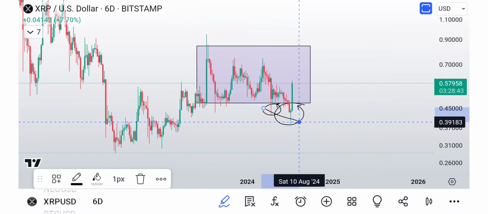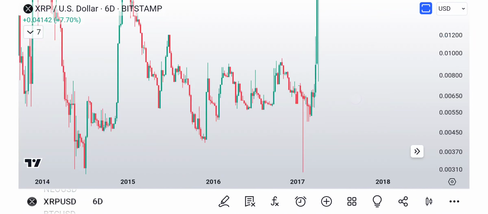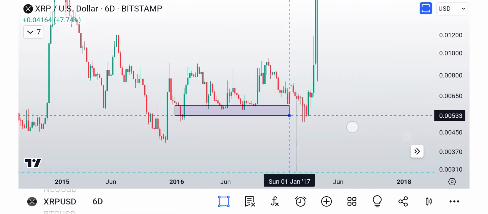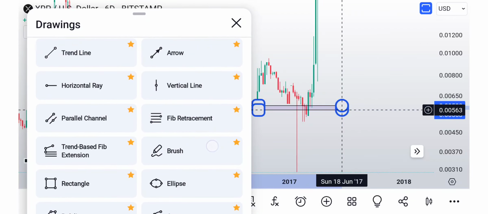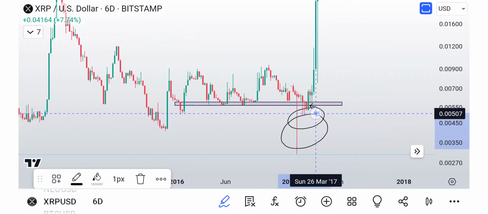So we got that, and that's important. Why? Because that's exactly what happened here. If I draw a little thing here, right there, you can see right here was the liquidity grab, right? All of that. So market makers target liquidity in order to fill their positions.